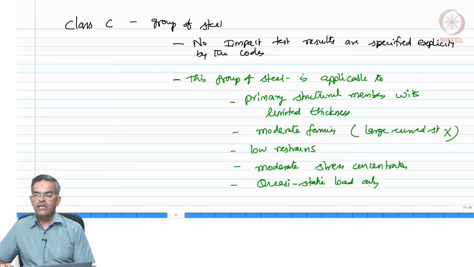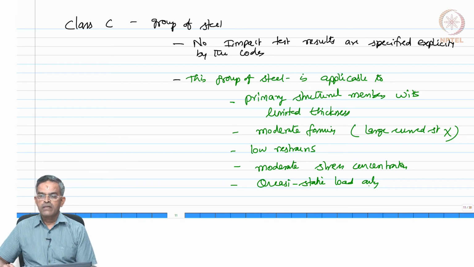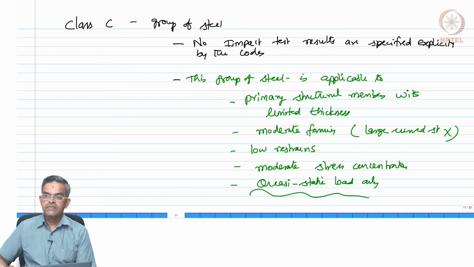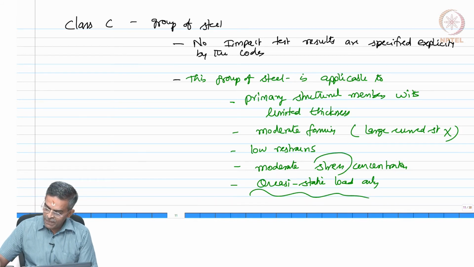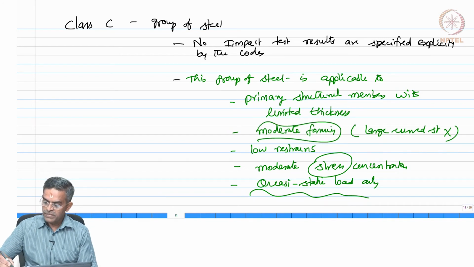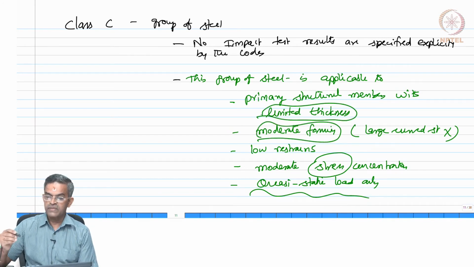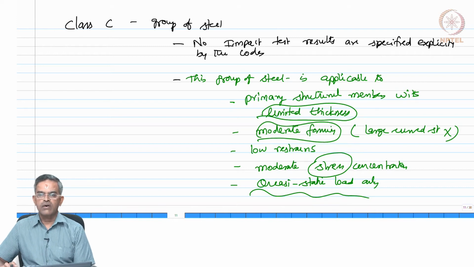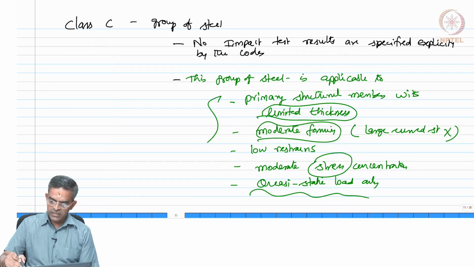So, friends, please hear very carefully. Steel is grouped based upon the type of load, type of stress developed, and also on its shape and cross-sectional dimensions. I am sure most of you would not have known that codes specify steel based on these conditions.